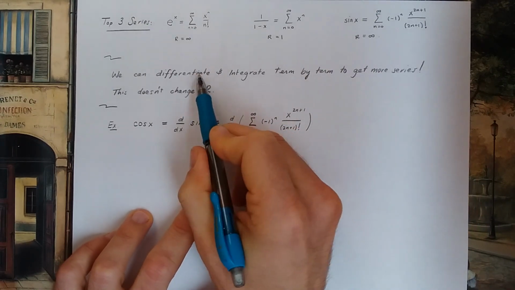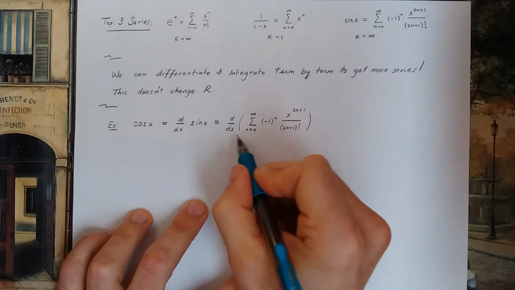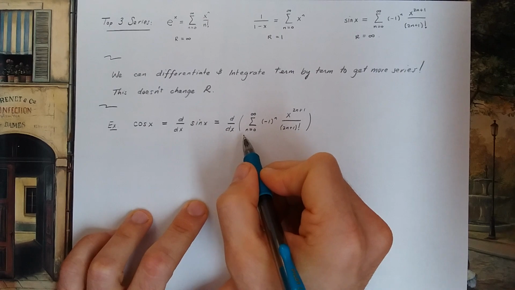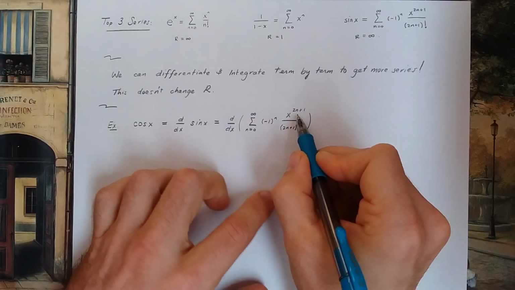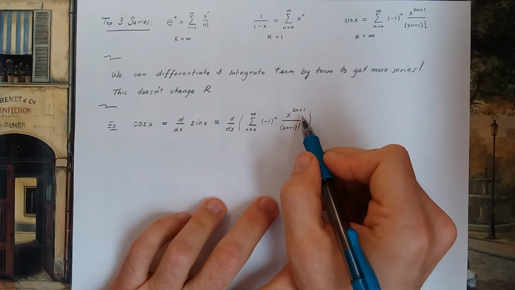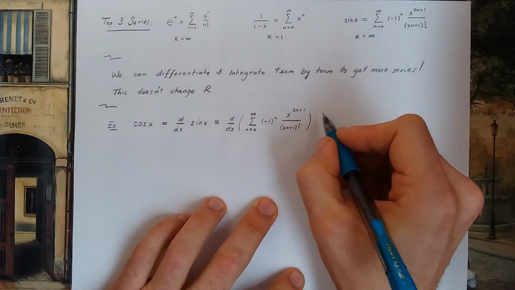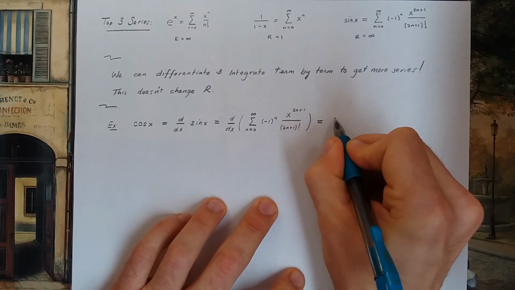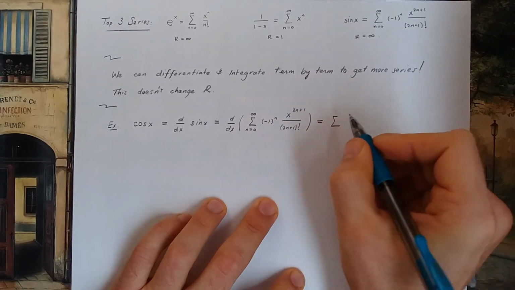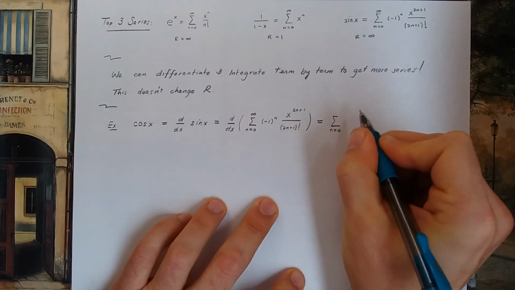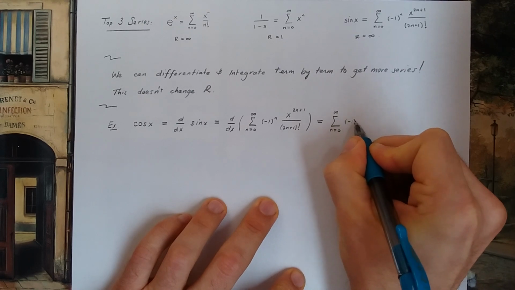Now when I say differentiate and integrate term by term, what I mean is you just take the derivative like you'd expect. You just differentiate x using the power rule. Derivatives of Taylor series are super nice. When you take the derivative, the only thing that gets affected is the power of x. So it's the sum n going from 0 to infinity. Everything else is the same.